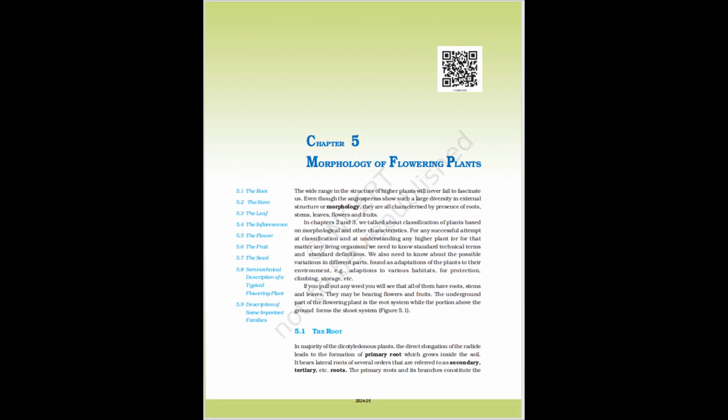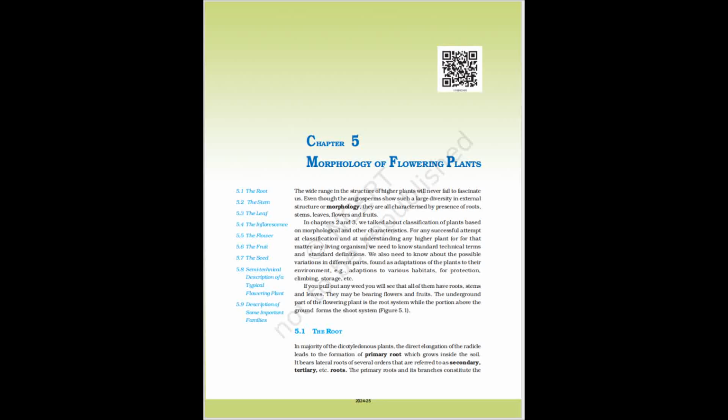The roots in some plants get modified for storage of food, mechanical support, and respiration. The shoot system is differentiated into stem, leaves, flowers, and fruits. The morphological features of stems, like the presence of nodes and internodes, multicellular hair, and positively phototropic nature, help to differentiate the stems from roots.